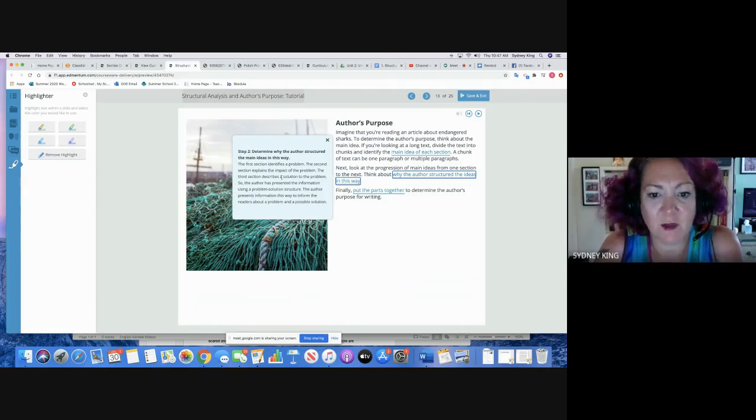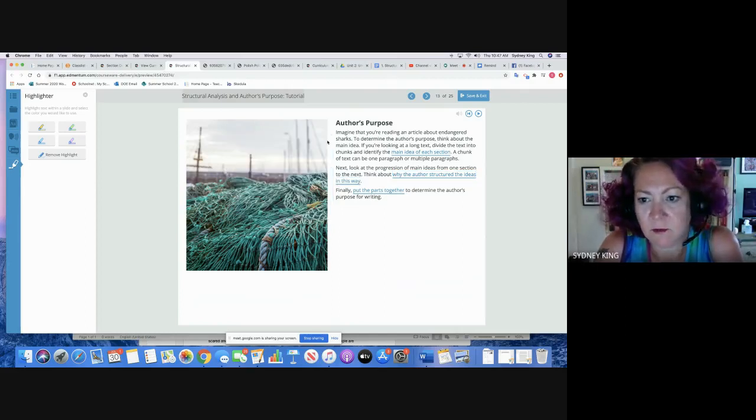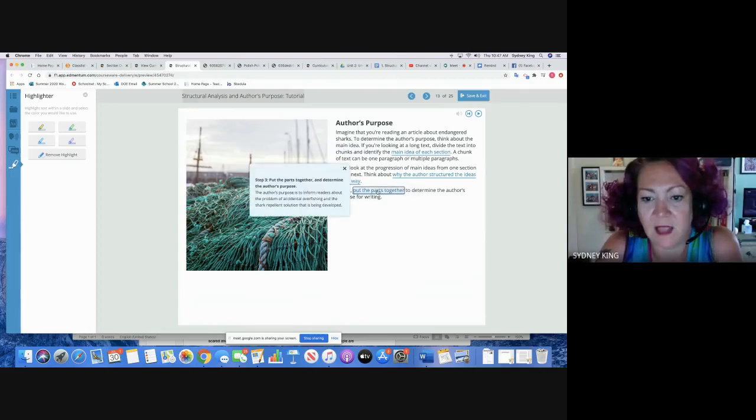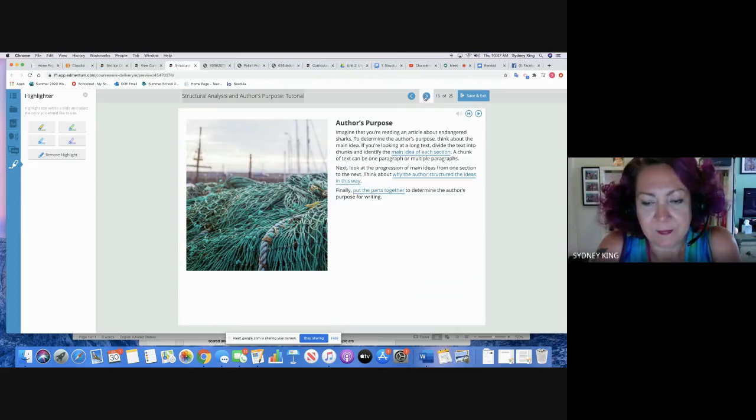Why do I have this information first and this information next and this information after that, right? They do it for a purpose, probably for problem solution or some other structure. And then finally, step 3, put it all together and try and figure out what is that author's purpose. Once you figure out what the author's purpose is, it's easier to find out what the meaning is and read it and understand it, because then you know whether or not you've got it.